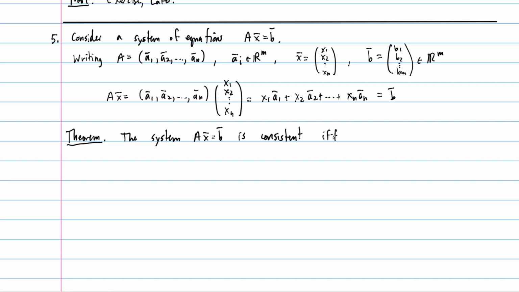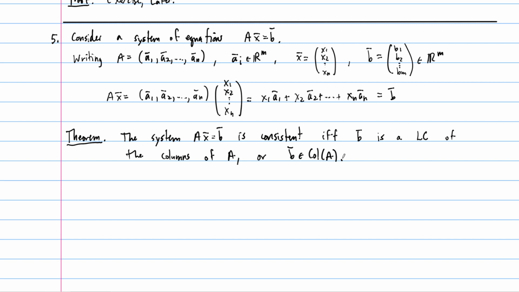But it's going to be consistent if and only if the vector b is a linear combination of the columns of A. So if and only if b can be written as a linear combination of the columns of A, or in our new lingo, we could say that b has to be in the column space of A, right? So if b is in the column space of A, then our system has a solution.